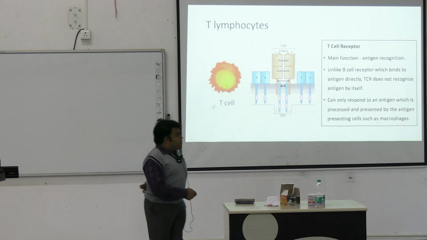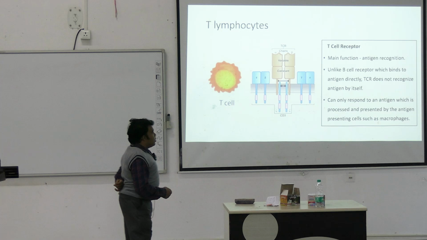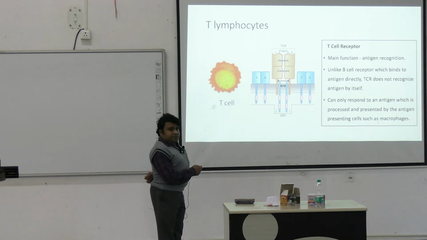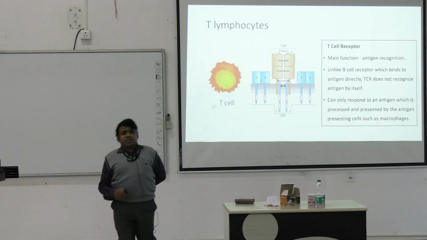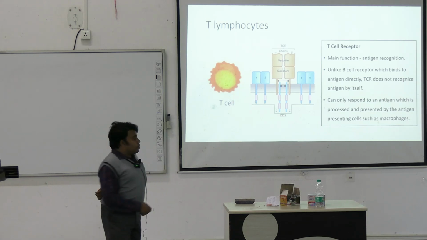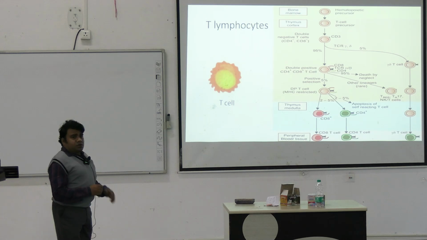But some cells may have gamma and delta. I'll talk about it later on. However, this is the main T cell receptor, a four-molecule receptor. This T cell recognition is very, very important. If it doesn't happen, the cell will not be triggered. Okay, so this is the T cell receptor complex.